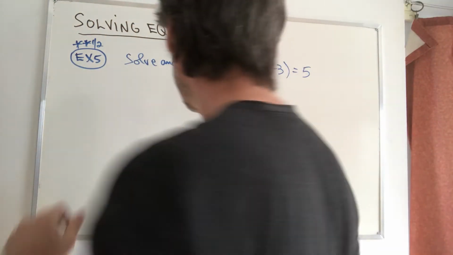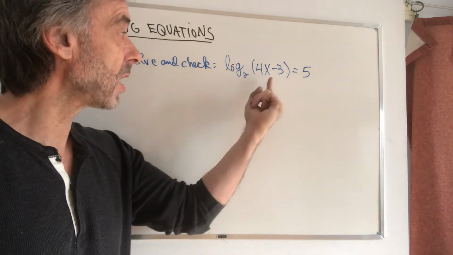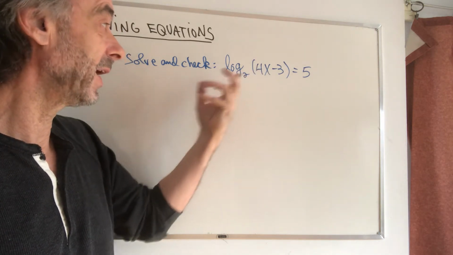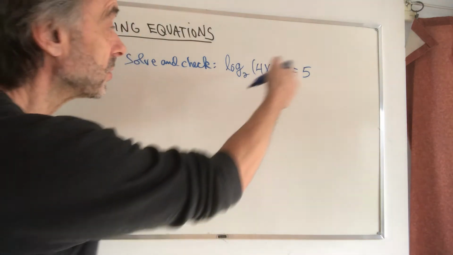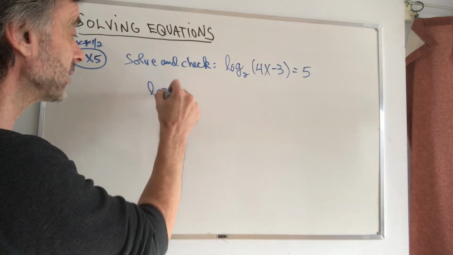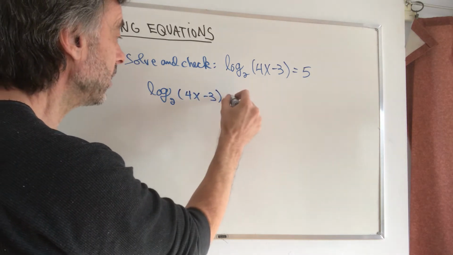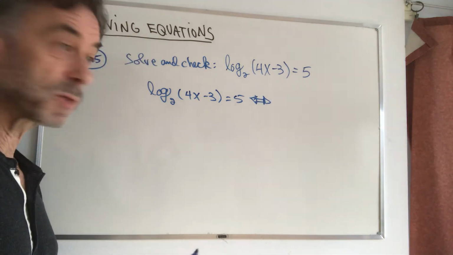Okay, well, we are trying to solve for x. Basically, it goes without saying when it says solve for x. So I got a log expression. I need to free the x that's inside the log. The best thing to do here is to transform this into an exponential. So log base 2 of 4x minus 3 equals 5 is the same as what?